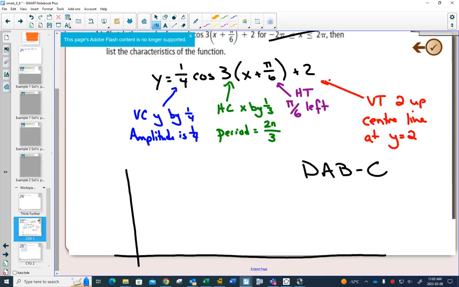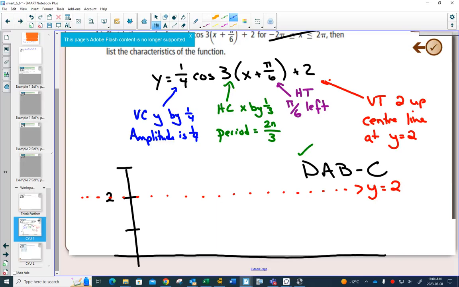DAB-C says, start with D. D is our center line. Our center line is at 2. Draw a dotted line with a red pen at y equals 2. We've done the D part. Next, A is your amplitude. Sometimes you think about D and A at the same time because of the scale.